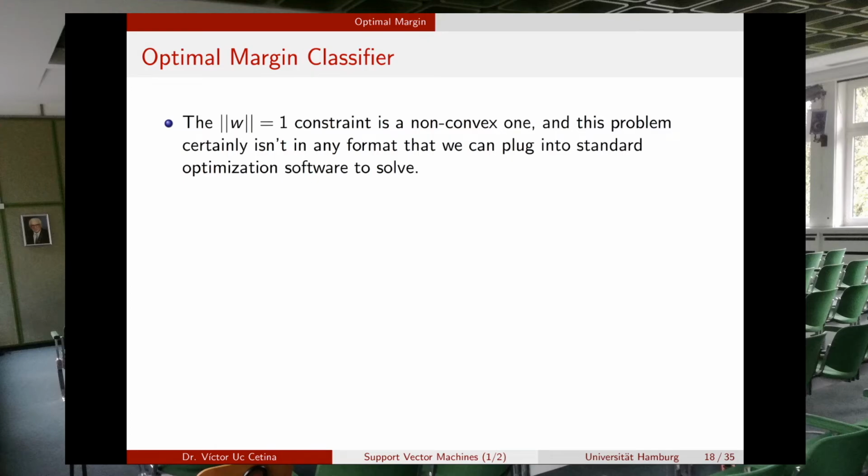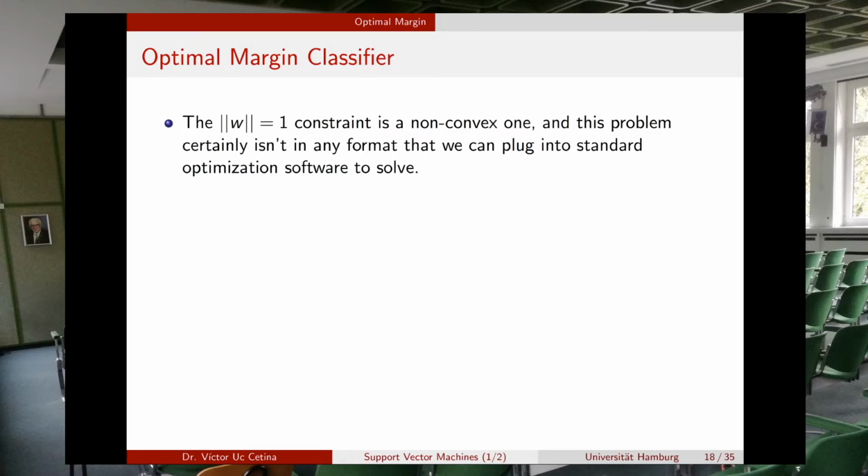Now, the constraint that the norm should be 1 is a non-convex one. It is non-convex because if you compute the norm, you will need to compute a square root, and the square root function is not convex. A convex function would be something like a parabola, in which if you take any 2 points on the parabola and join them using a straight line, every point on the straight line will stay inside the parabola.